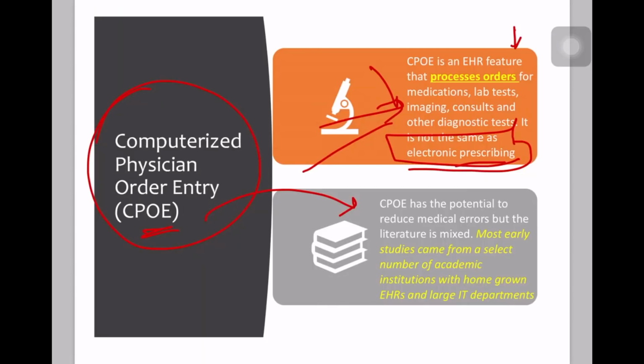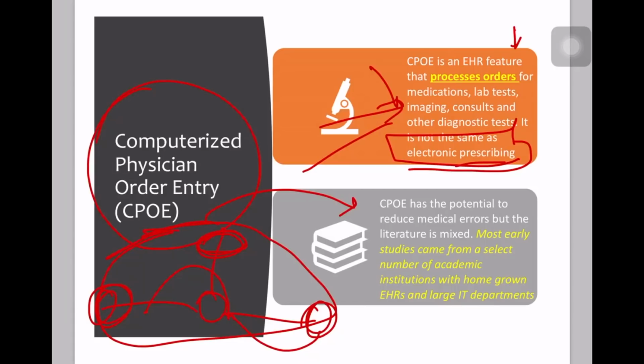You see, when everything is trackable, when the doctor sends you for labs, for imaging, when you pick up your medicine, when you visited last time, when you will next visit, it somehow reduces human error. But in the papers where people have done studies, the results are very mixed.